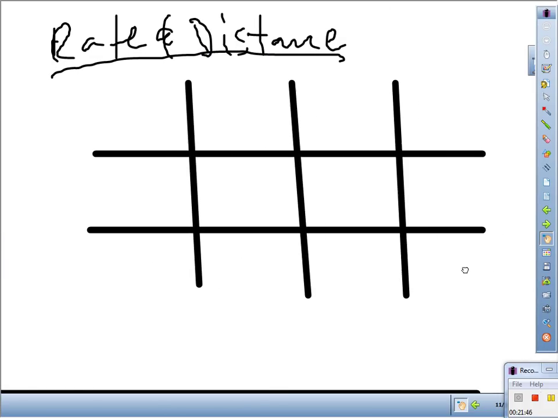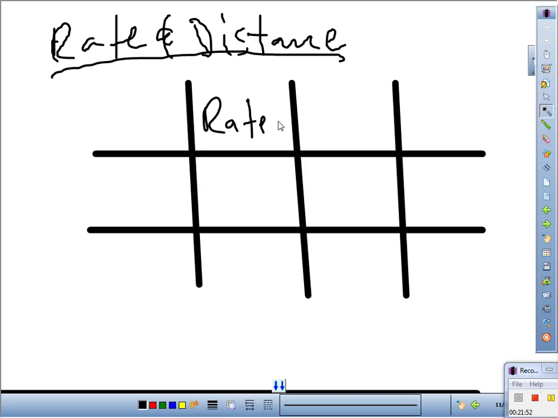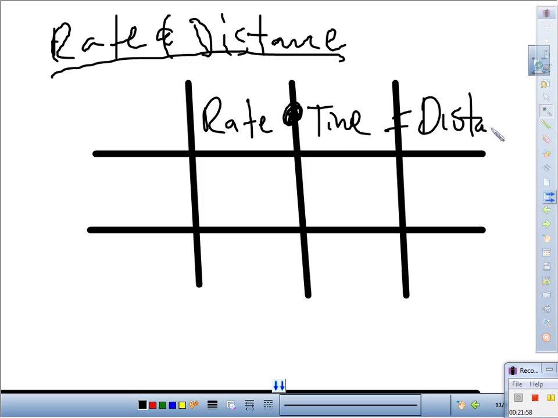Rate and distance. Let's see. What is the formula for rate? Rate times time equals distance. That never changes for your setup for rate and distance problems. What else doesn't change?